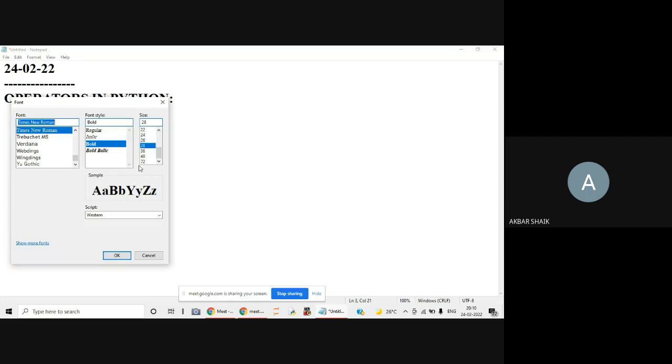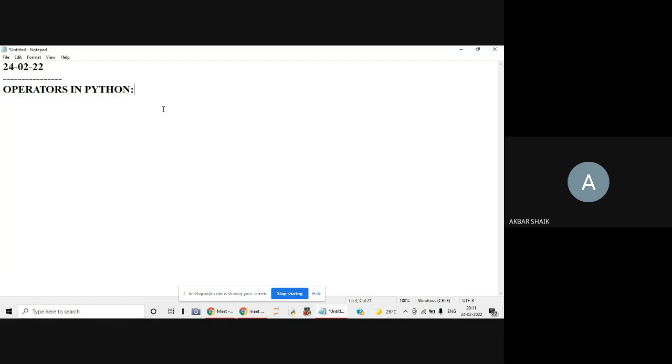Operator is nothing but simply a symbol. It may be anything, we can call it a symbol. Operator is a symbol which is used to perform some operation.